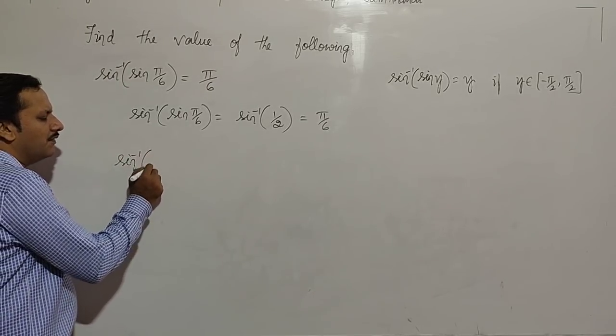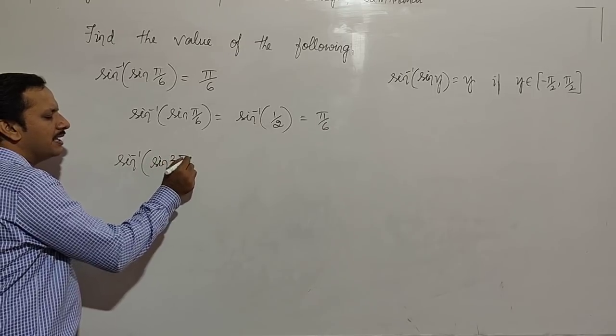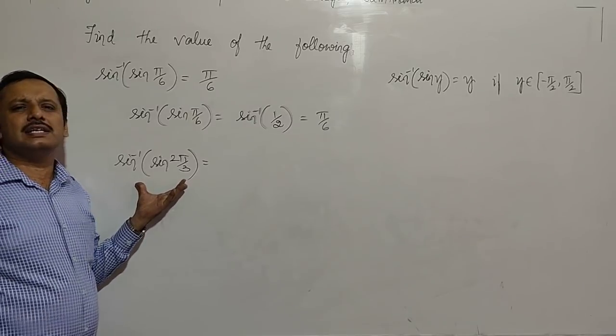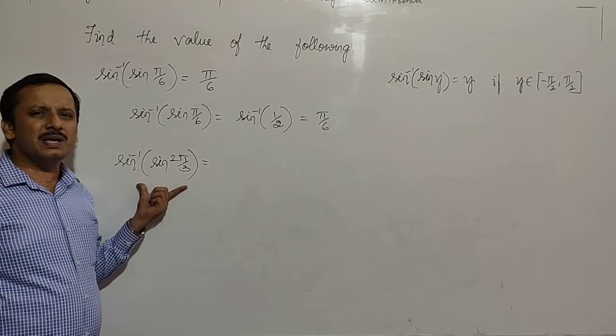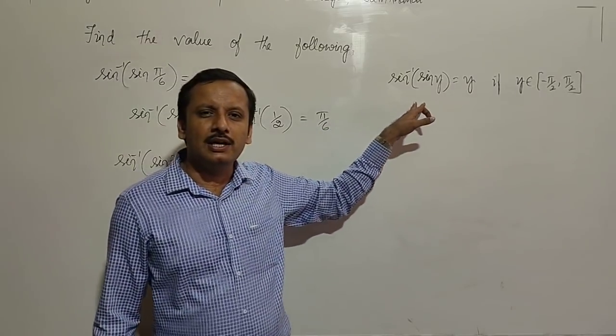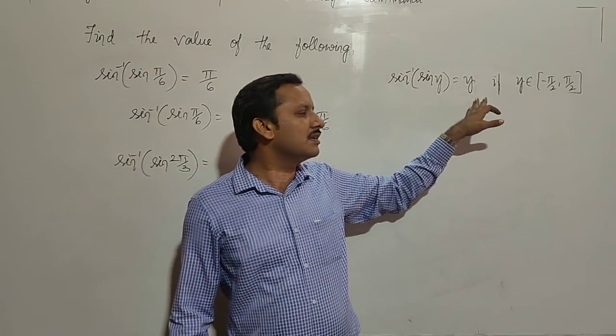Sin inverse of sin 2 pi by 3. Suppose I want to find the value of this. Here, can we use the same formula, sin inverse of sin y is equal to y?